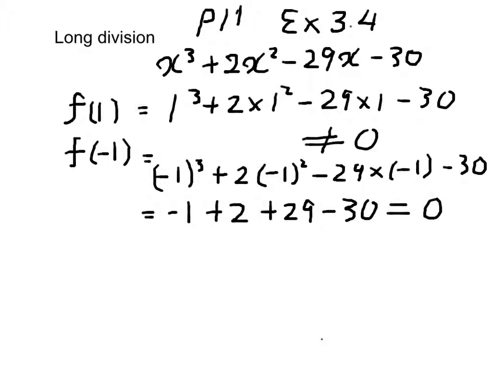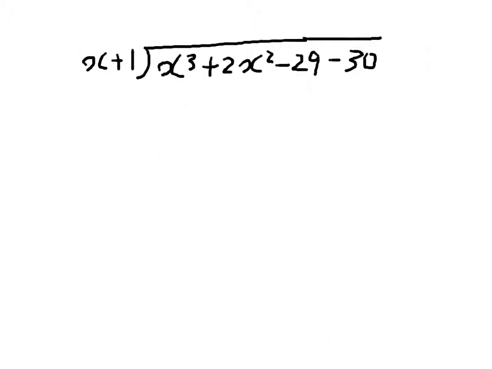So now I can say that x plus 1 is a factor of this expression. So now I'm going to do the long division. We just found that x plus 1 is a factor of x cubed plus 2x squared minus 29x minus 30.